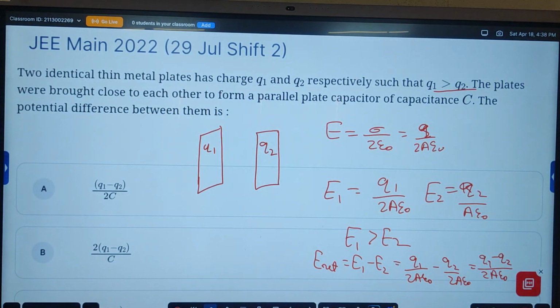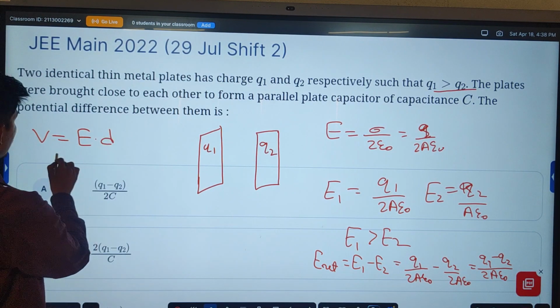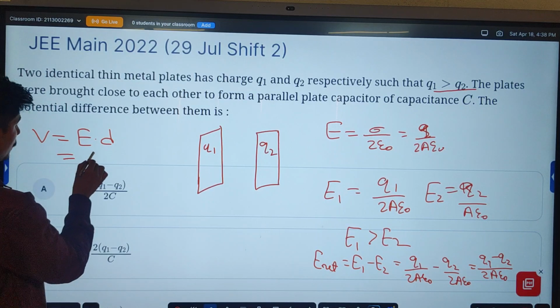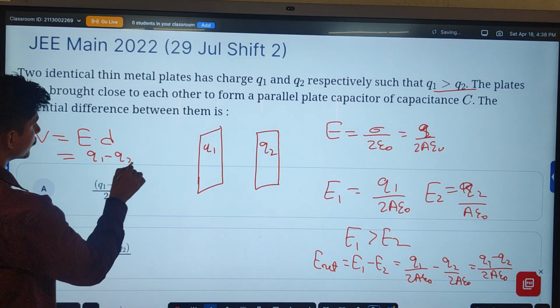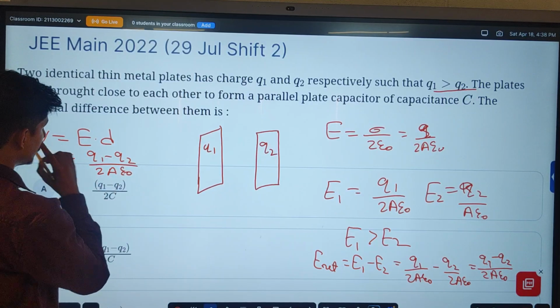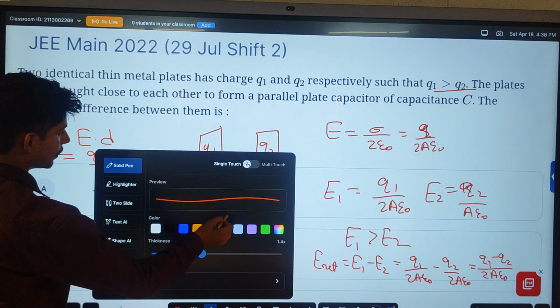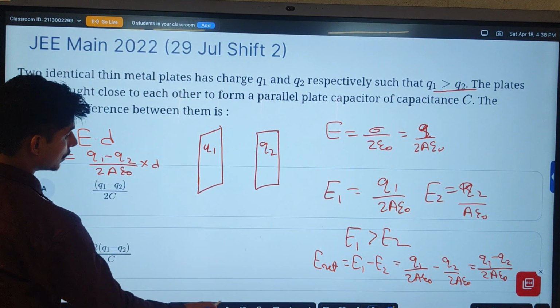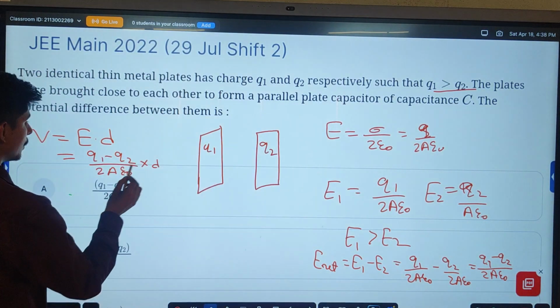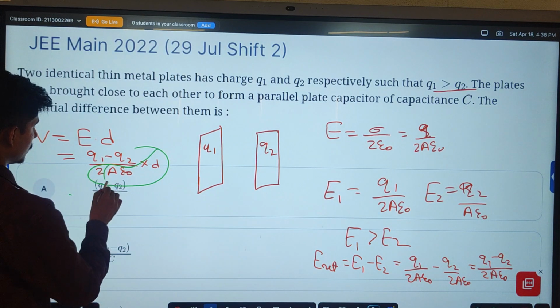Okay, the plates are brought closer to each other as a parallel plate capacitor, and the potential difference between them is V equal to E times d. E is equal to Q1 minus Q2 upon 2A epsilon naught, into d. We know that the quantity A epsilon naught by d is nothing but the capacitance.